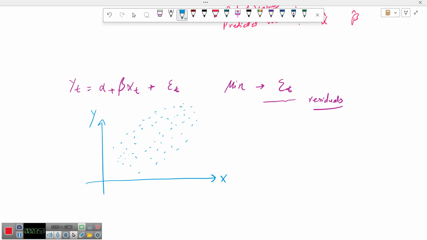The variable x, for example, represents education, and the variable y represents the wage.